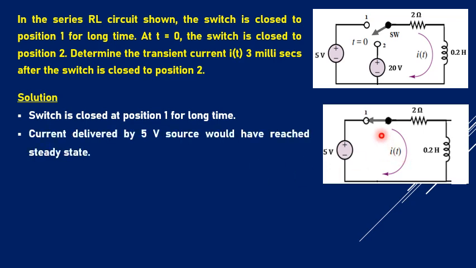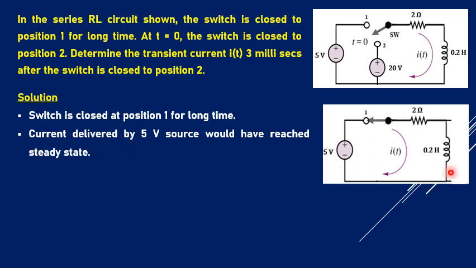Since the switch is closed at 1 for a long time, the current flowing through this circuit would have reached steady state. We have already discussed the current response in an RL series circuit. Initially the current will be increasing slowly, and at one point the current will become constant. That is what we call steady state.